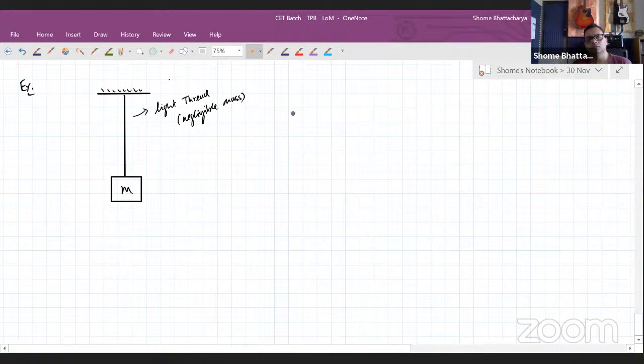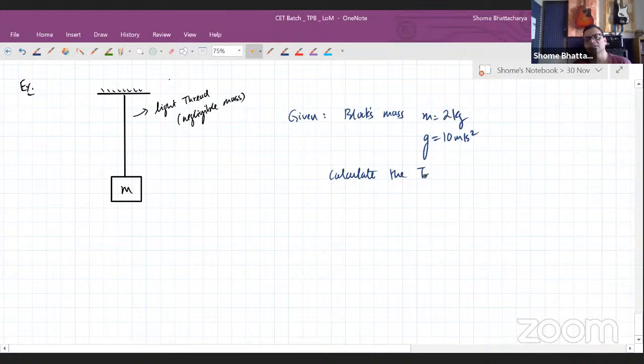Given that the block's mass is, let us say, 2 kilograms, and acceleration due to gravity is 10 meters per second square, we want to calculate the tension T in the thread. So this becomes a very simple situation.